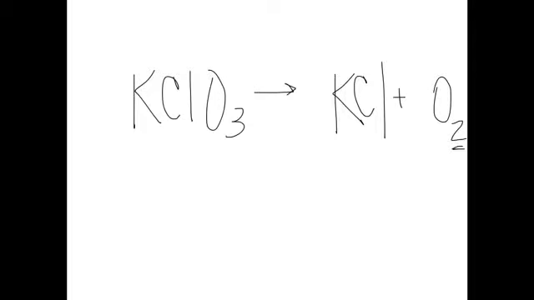So this is a decomposition reaction because one thing, our AB, is breaking down into 2. Now, the only thing that we have to do still is balance this reaction. So let's start by looking at the potassiums. There's one here and there's one here. Those are balanced. Chlorine, one here, one here. Those are balanced.